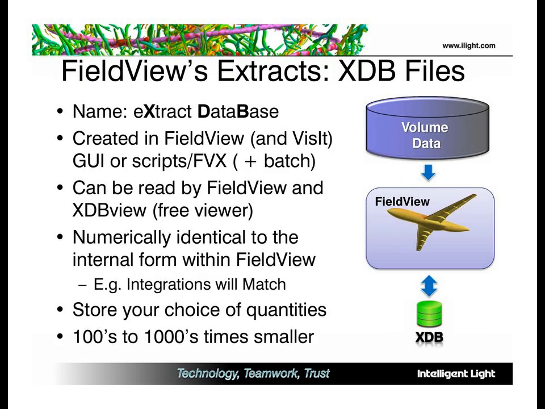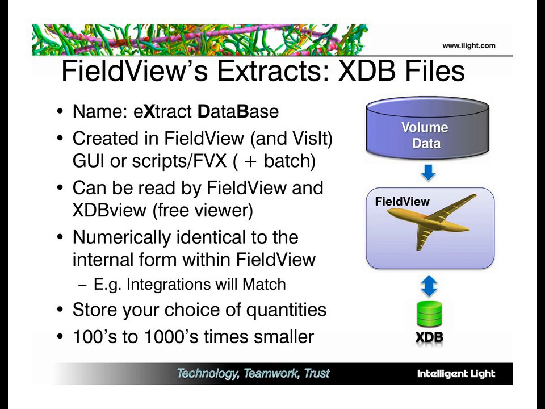Within our product line, within FieldView, we have extracts which we call XDB files, and the name comes from extract database. They're created in FieldView and now in VisIt, either through the GUI or by scripts or FVX, so they can be done interactively or in batch. The idea is that you read the volume data one time into FieldView, and you write the XDBs, which are subsequently post-processed.